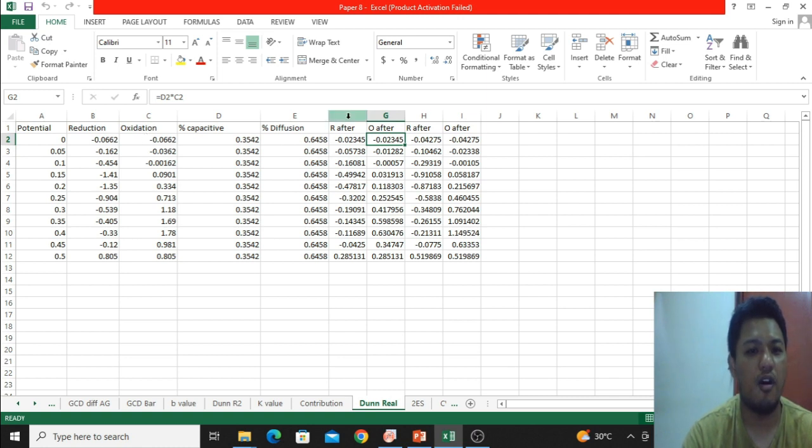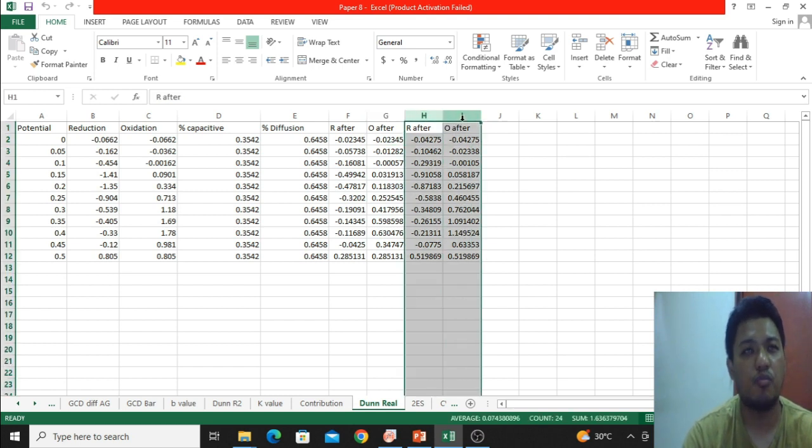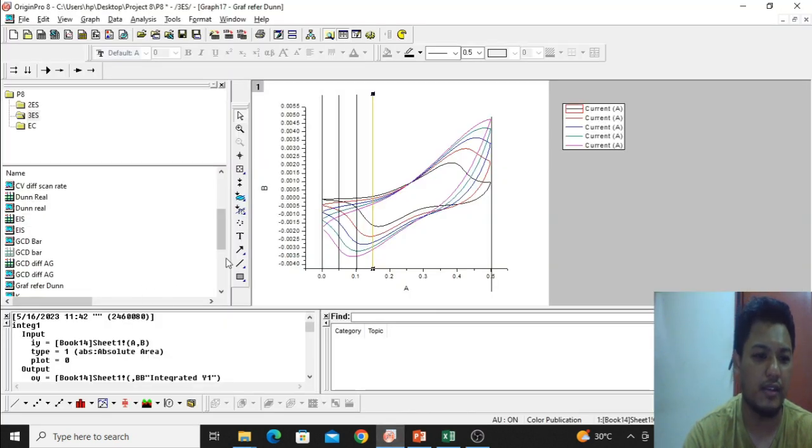So this is if I want to plot for capacitive, and here H and I if I want to plot for diffusion control. So it's two different graphs. If you want only to plot capacitive, just use one. If I do like this, I can get a graph like this one.